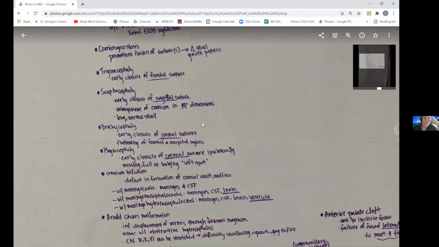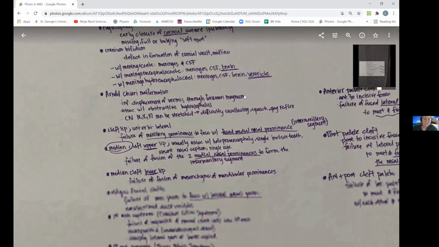I think they talked about failure of closure of one of the sutures, and we might have had to identify what the patient would look like, or maybe it said there was a long narrow skull and you had to know it was early closure of the sagittal suture. So chunk all of these 4 together, or however many they are, and make sure that you are able to differentiate, because that was a thing on the exam.